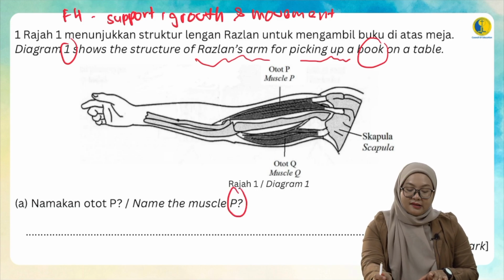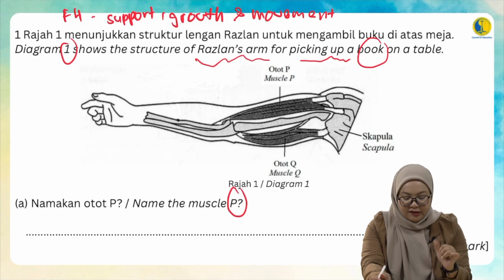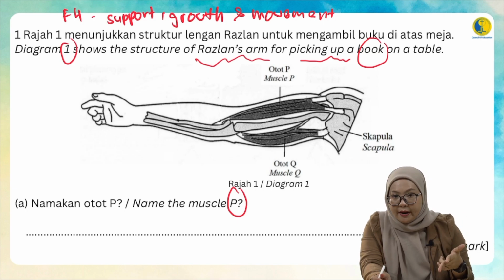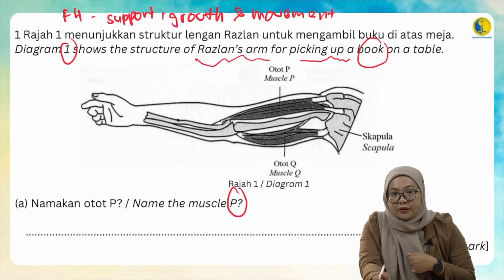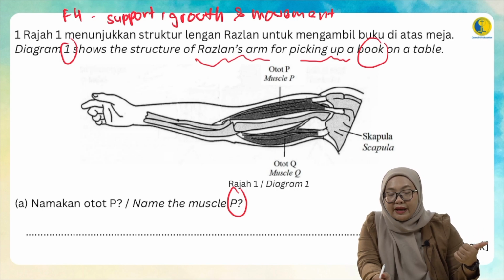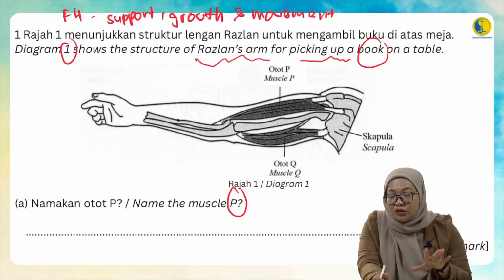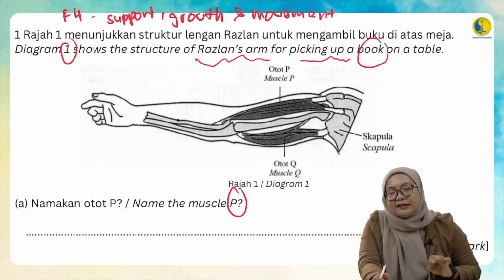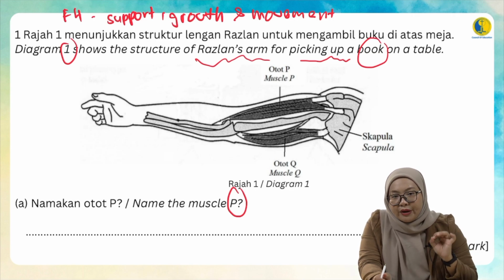In this chapter, support, growth and movement, we learn about support, bone, endoskeleton, exoskeleton, hydrostatic skeleton. Afterward, we learn about joint.